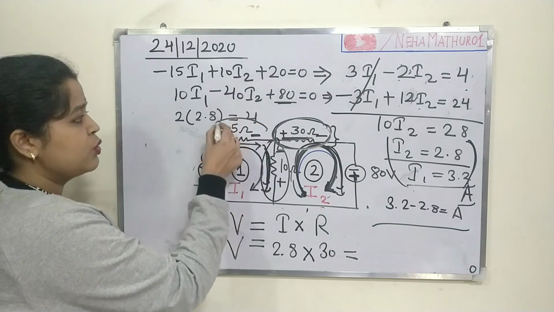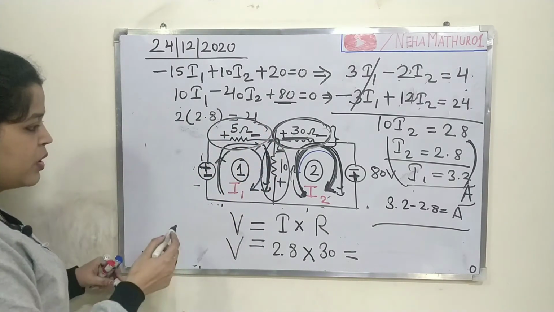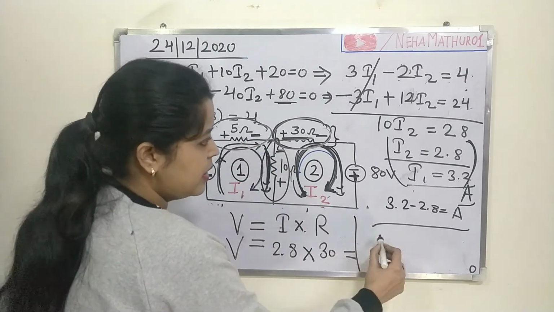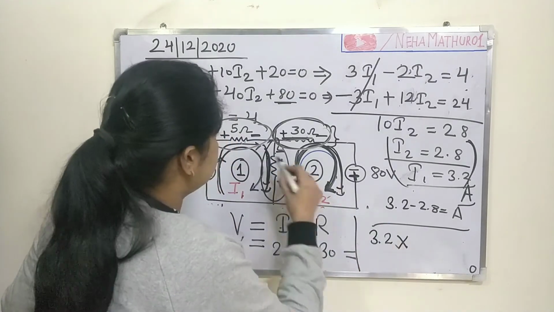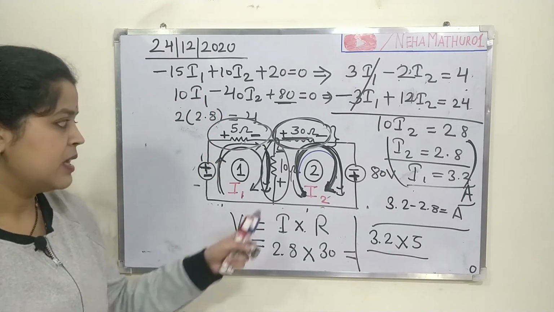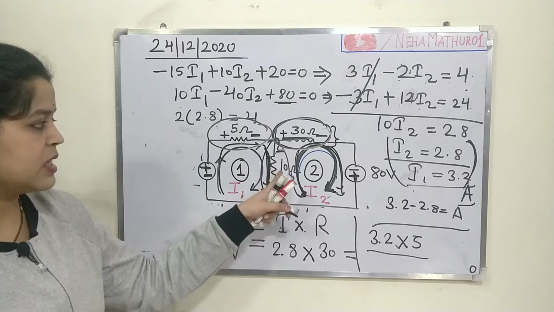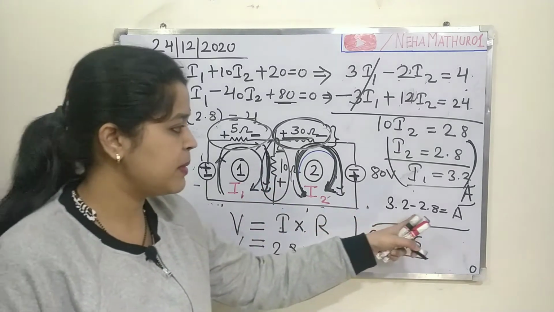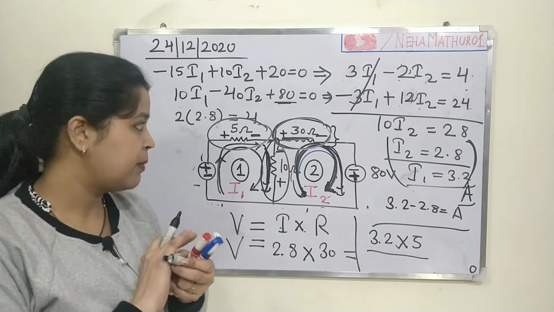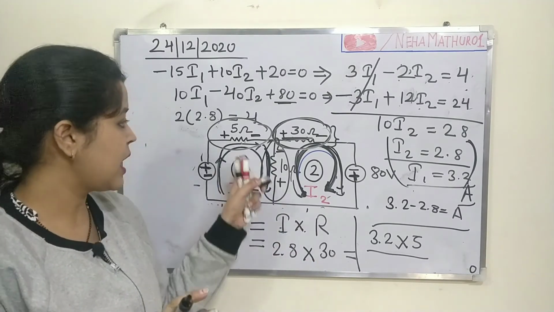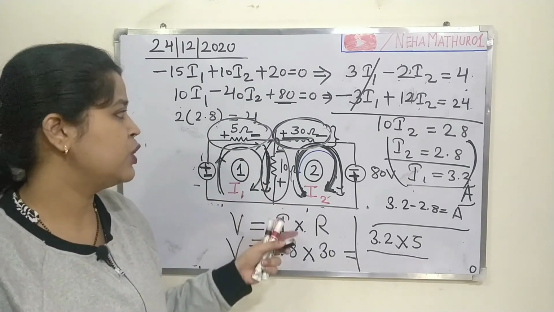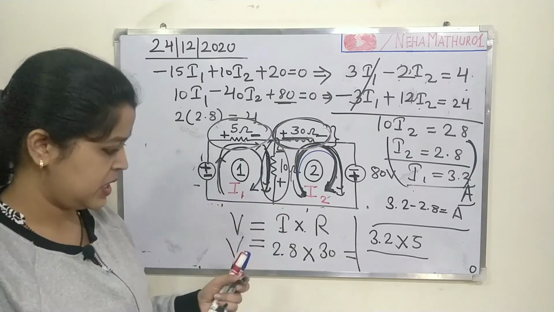Similarly, for the voltage drop across the 5 ohm, again current times resistance: the current is I1, which is 3.2, and the resistance is 5. Across 10 ohm, the resistance is 10 and the current is I1 minus I2. So you can provide the voltage drop across any circuit element as well as the current flowing through any circuit element with the help of mesh analysis.